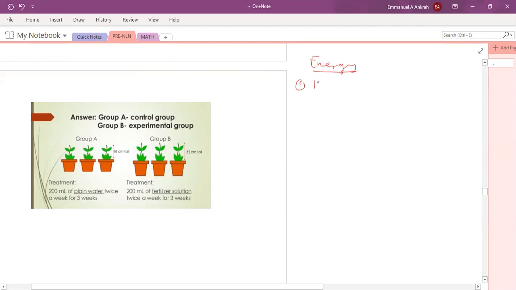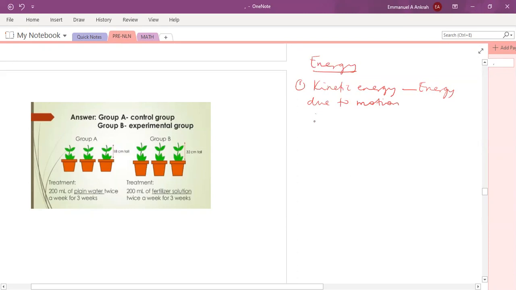One, kinetic energy. And the second one will be potential energy. When you say kinetic energy, it's energy due to motion. If the object is moving, then it has what we call kinetic energy, right?